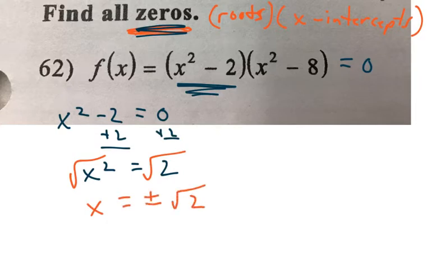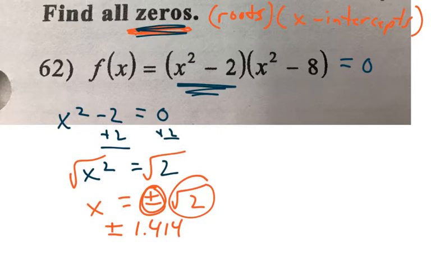Don't forget from now on, guys, when you do a square root, you have a positive and a negative answer. Now, just for graphing's sake here, if you did square root of 2 on your calculator, guys, you would get, in this case, positive or negative 1.414. Remember that when we go to the graph.